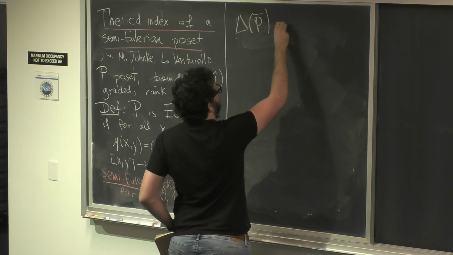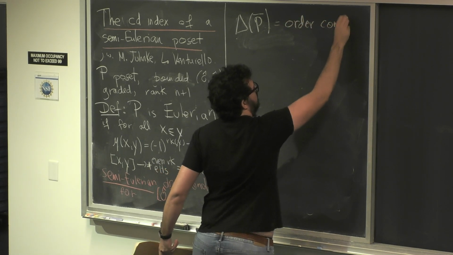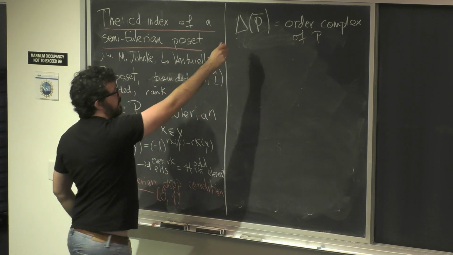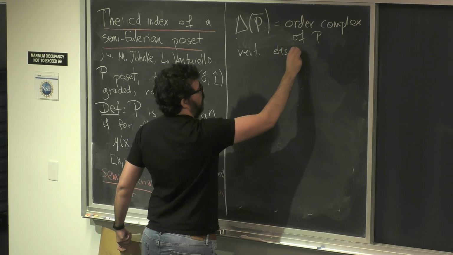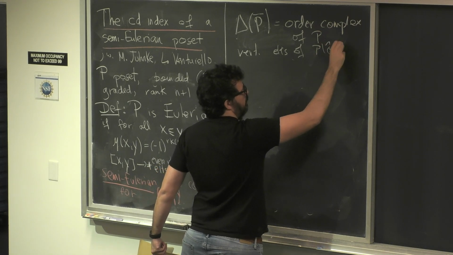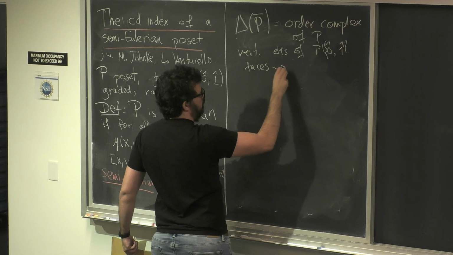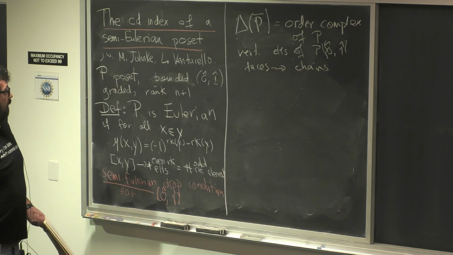This thing over here, this is the order simplicial complex of P. And so what is this? So vertices are elements of P minus 0, 1. And faces are chains. Okay? So you keep leaving out 0, 1.